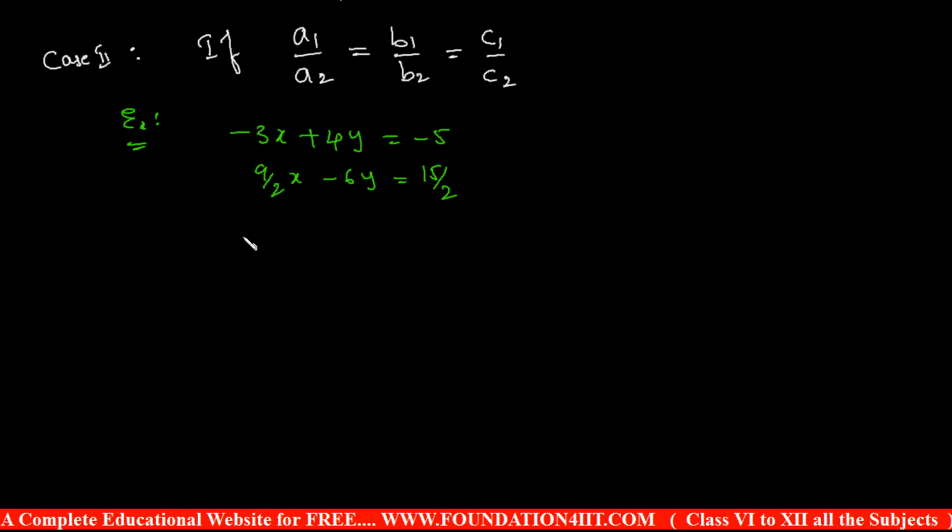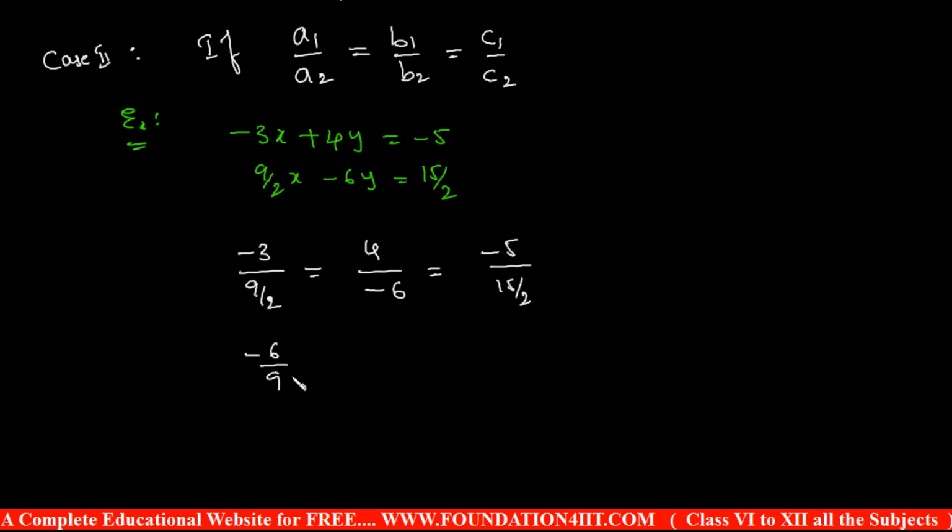If you observe, -3 is a1, and this is b1 and c1, and a2, b2 and c2 on the other. So -3/(9/2), 4/(-6), and -5/(15/2). Is this equal or not? One can verify. -3 by 9/2 is -6/9, as 2 comes as a reciprocal.